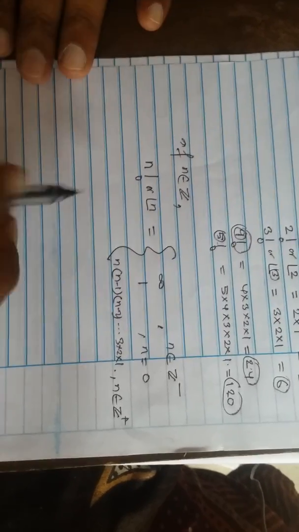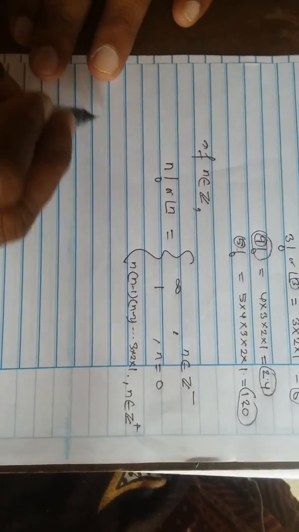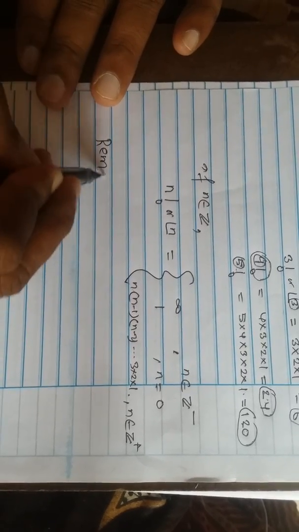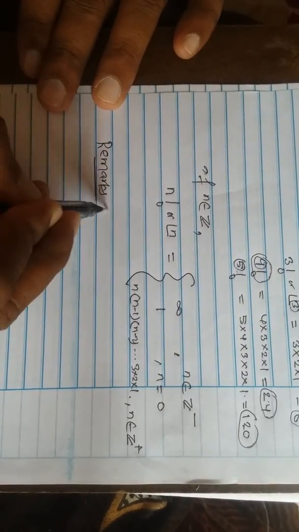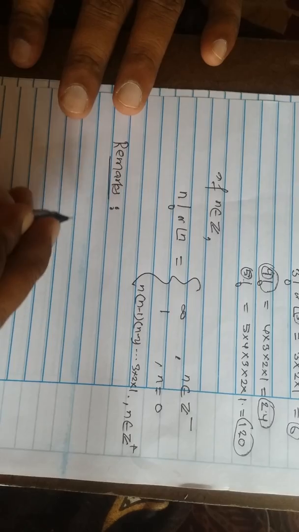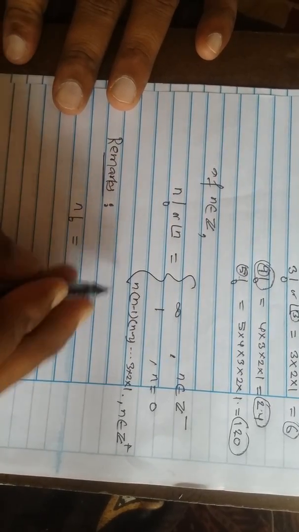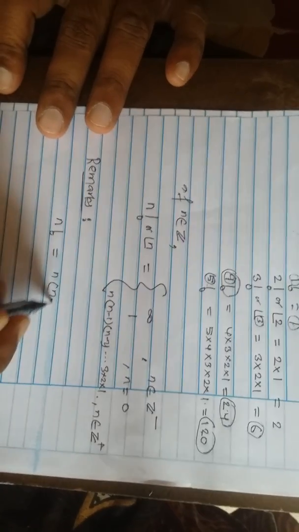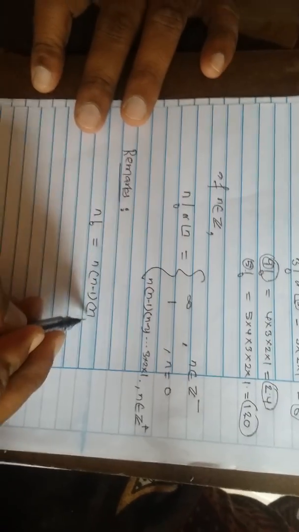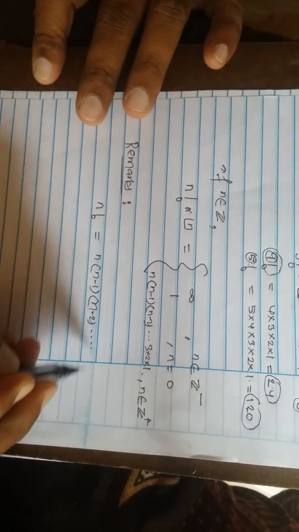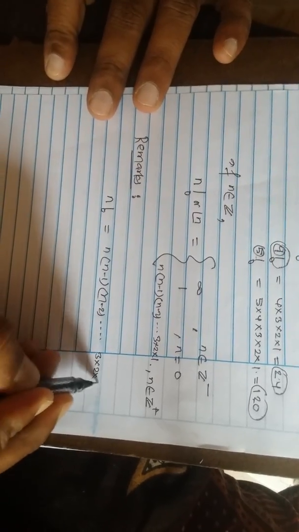Now we are going to write some important remarks from here. Especially for positive integers, n factorial is just defined as n into n minus 1 into n minus 2 up to 1.